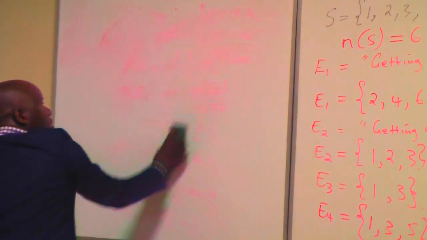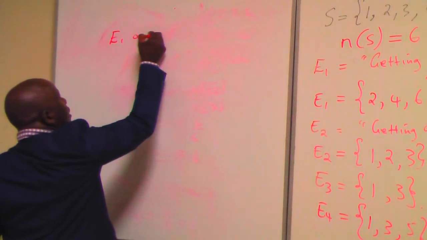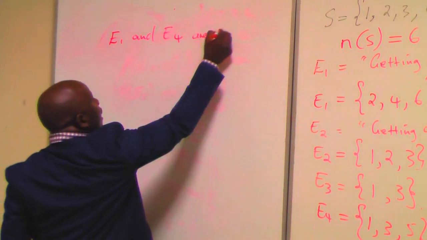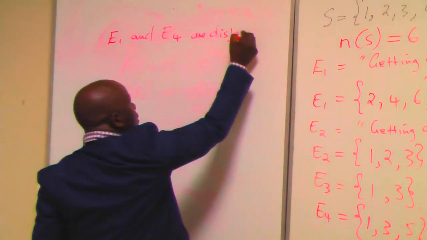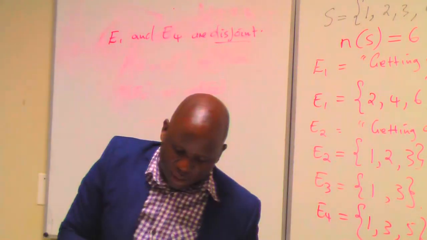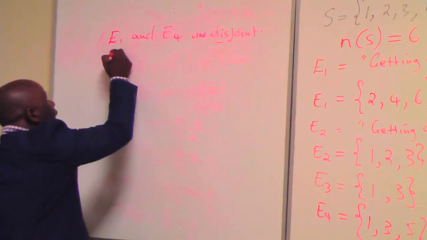What do we mean? Events E1 and E4 are disjoint, or mutually exclusive.